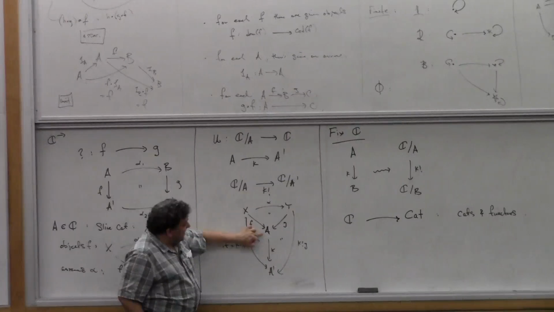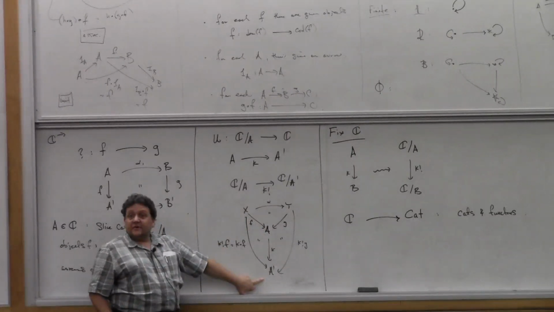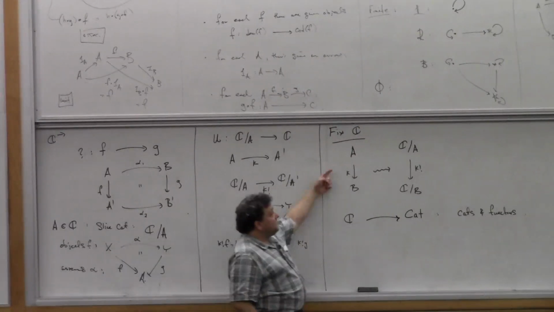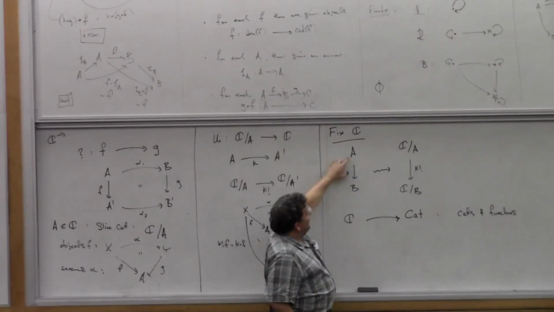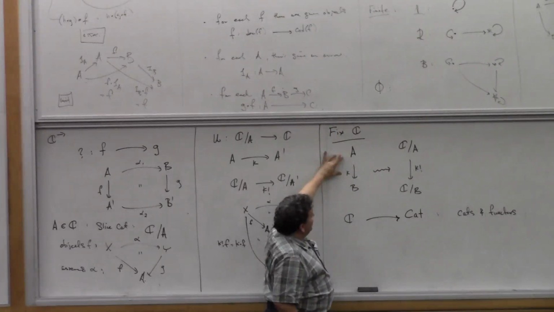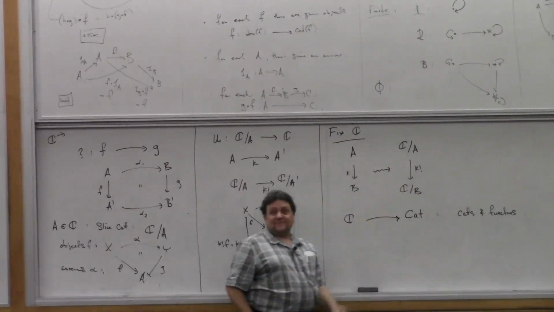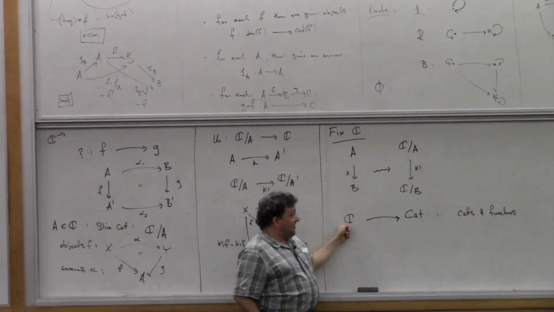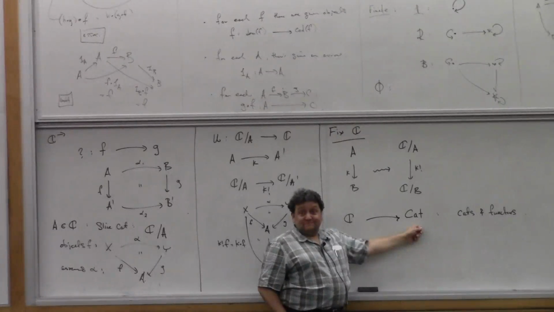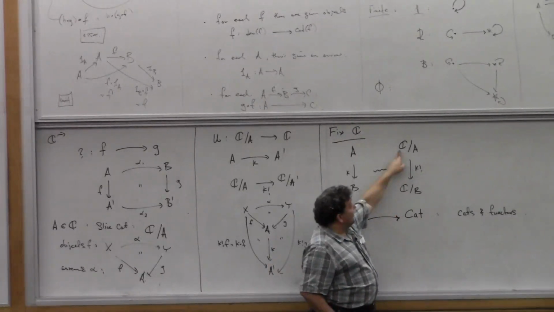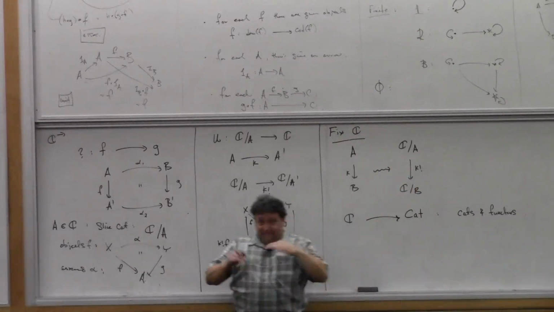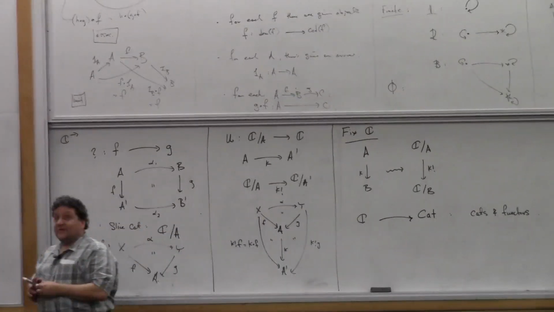It takes triangles over A to triangles over A prime. And now I'm saying that assignment, which takes objects and arrows to categories and functors, is itself a functor from the category C into the category of all categories. The objects are categories, the arrows are functors. So you have kind of 3 different levels going on here.